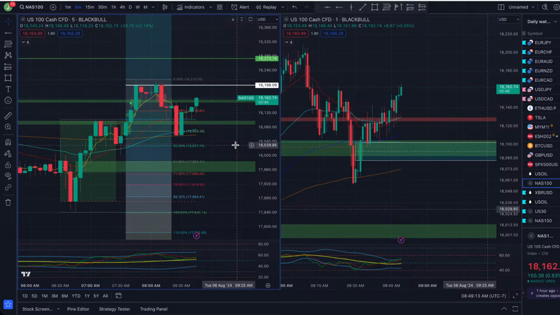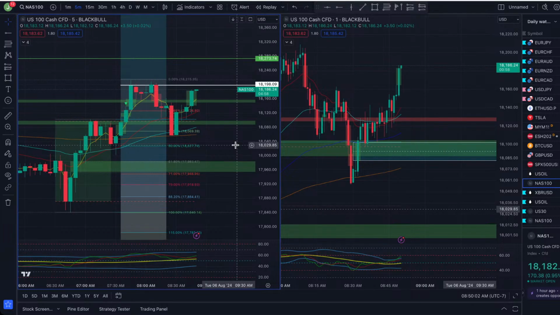Still just waiting. So we're at 1150. Getting ready to cross that white line.